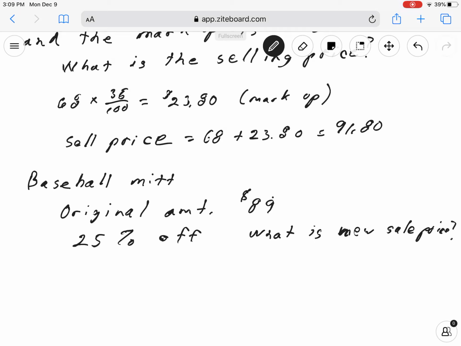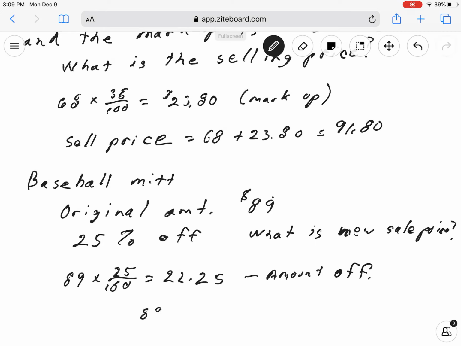Okay, so I want to take my $89, multiply it times my 25%, and that's $22.25. Okay, that's the amount off, or the discount.